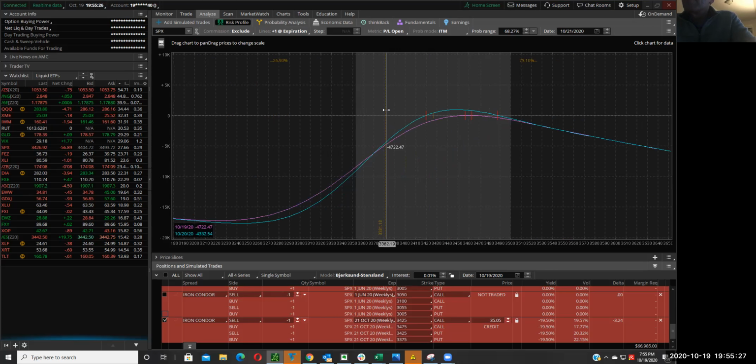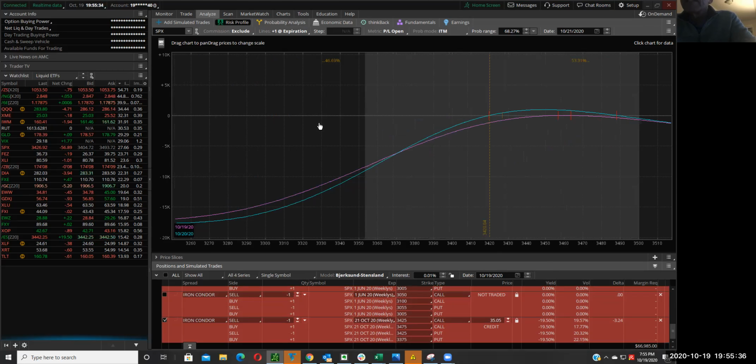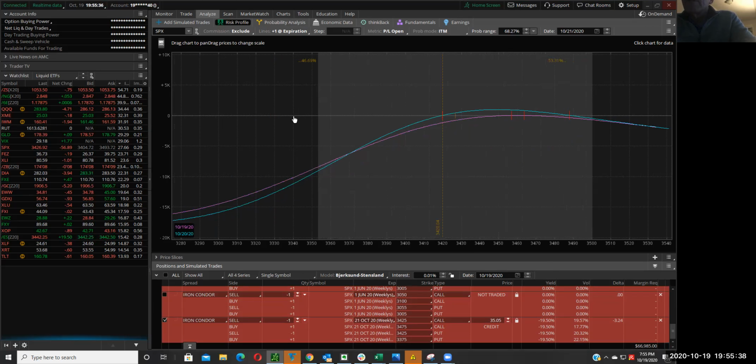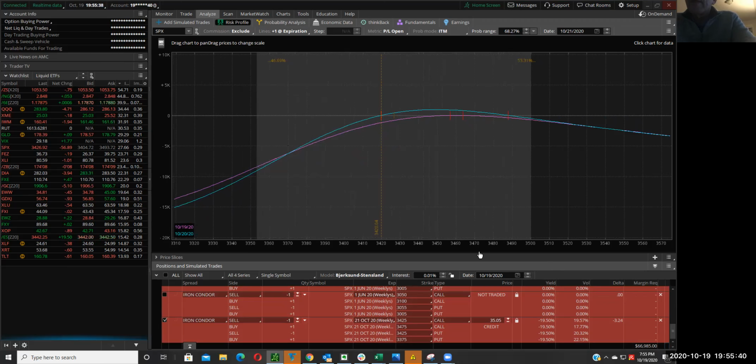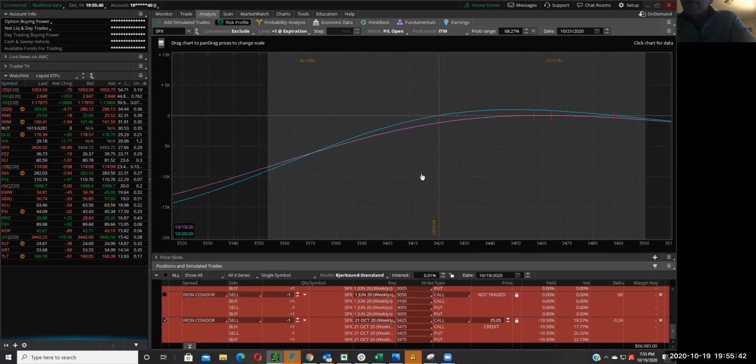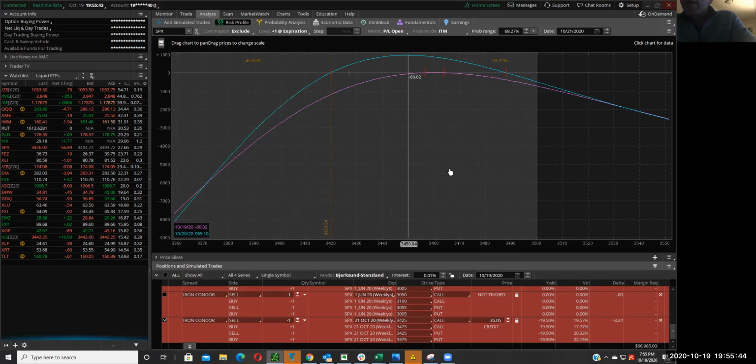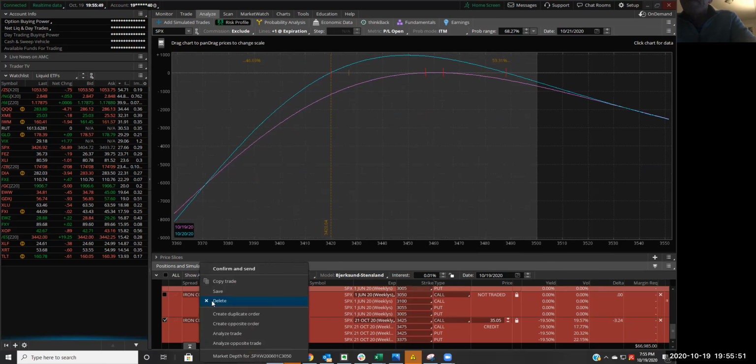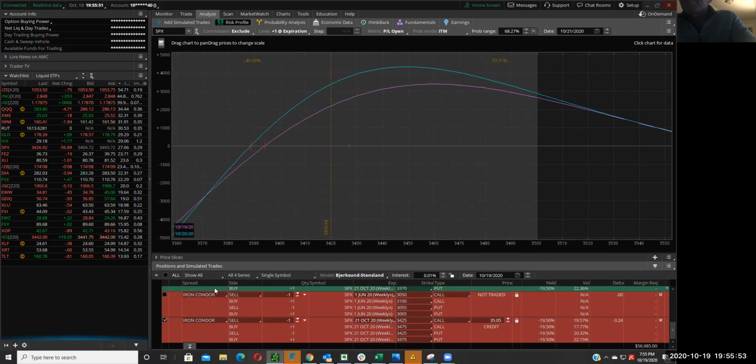I don't know why this is looking wonky. And you put it on as an iron condor, and that's okay, you just change the strikes. An iron condor technically is like a strangle with wings. An iron fly is like a straddle with wings.